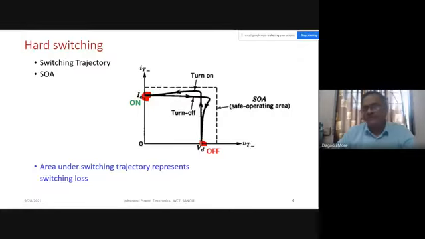So this is off, and now our device will go from on to off or off to on. During this, this is the trajectory we are following. Suppose the device is off and becomes on, the instantaneous values of voltage and current across the switch follow this trajectory.